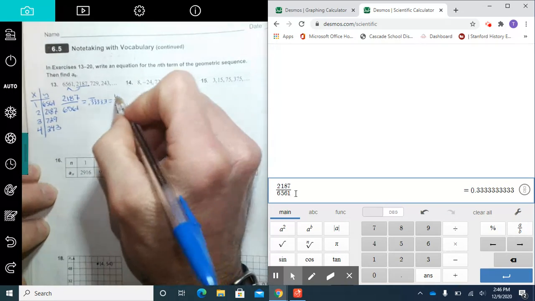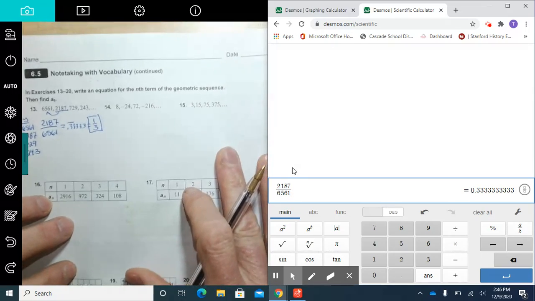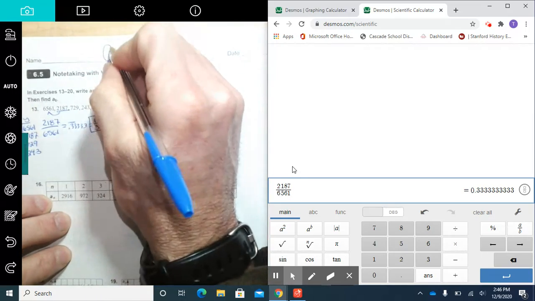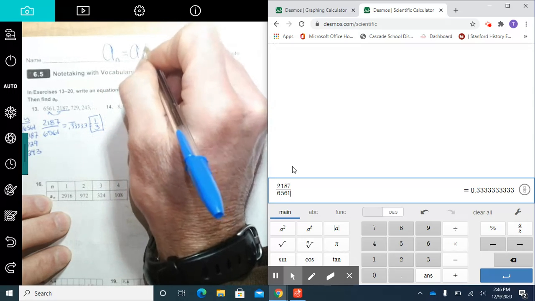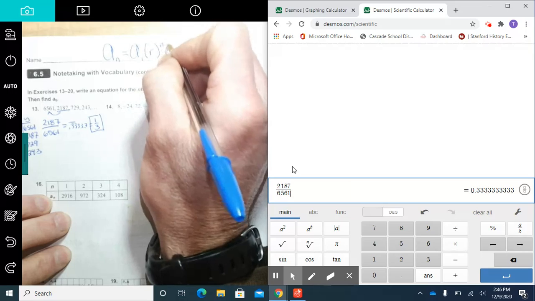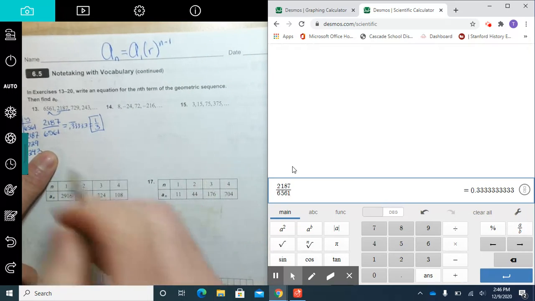Now I know my common ratio is 1/3. And just because I like to do it, I'm going to write the ratio right here. And that'll help me do each one of these.